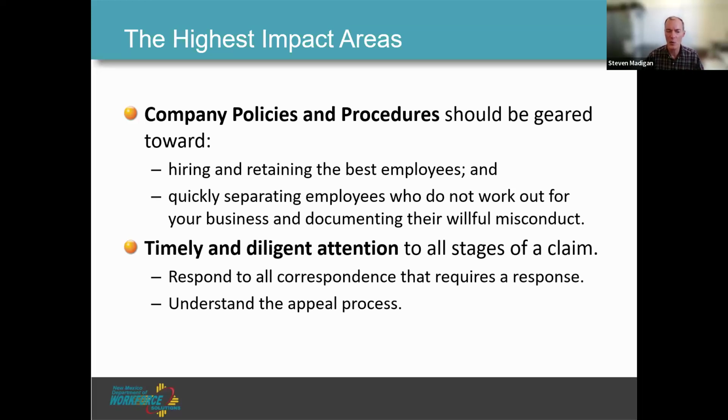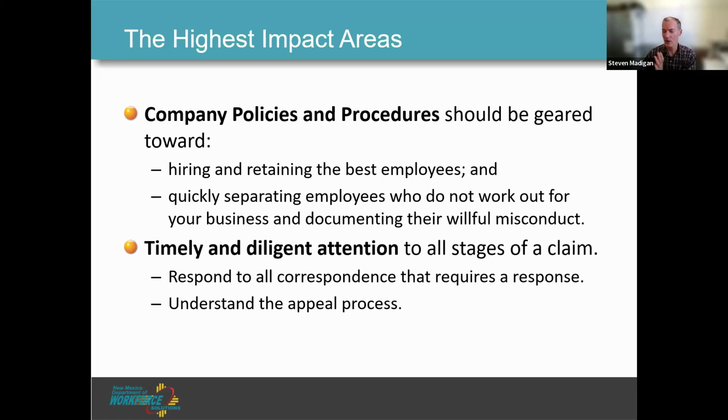Then also, we would like for you to be timely in responding to any of our requests for information and be diligent to detail in all stages of the claim. For us, oftentimes, the more information, the better. We can sift through it and find what we need if that's the case.